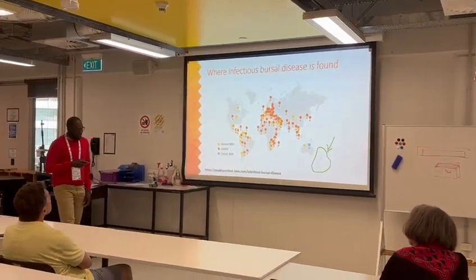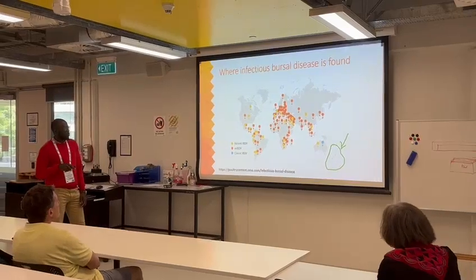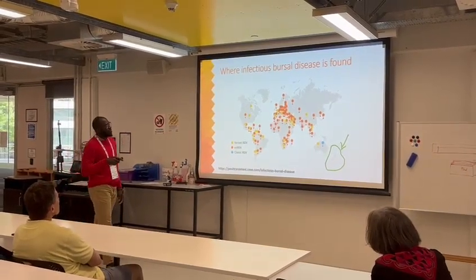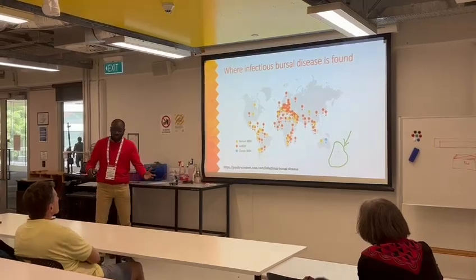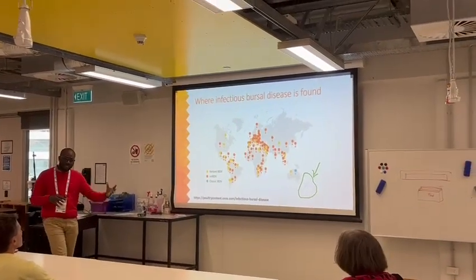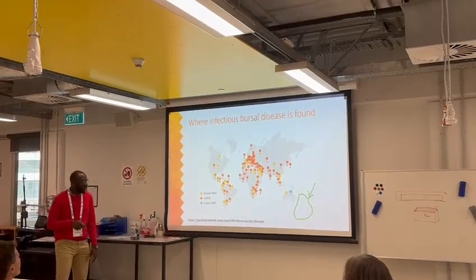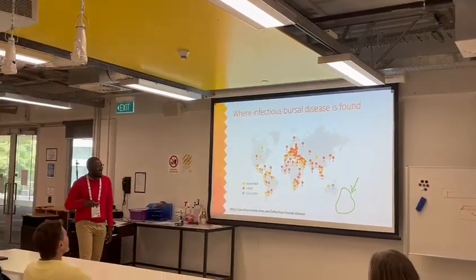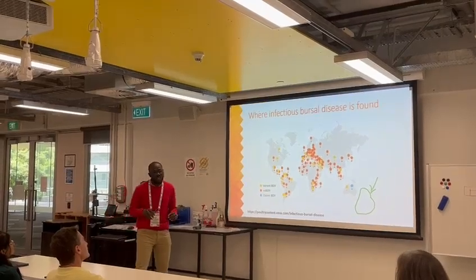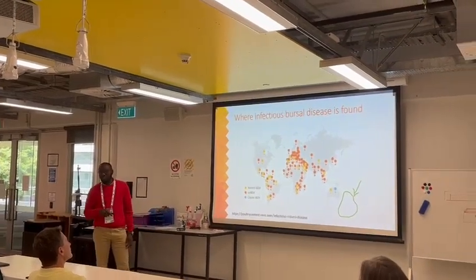Looking at this world map, this is just to show where IBD, which is the infectious bursal disease, is present in the world. As at the time I got this map, we don't know what has happened between yesterday and this morning. This is the reason why I've shown New Zealand: it is the only country in the world that is free of this disease.